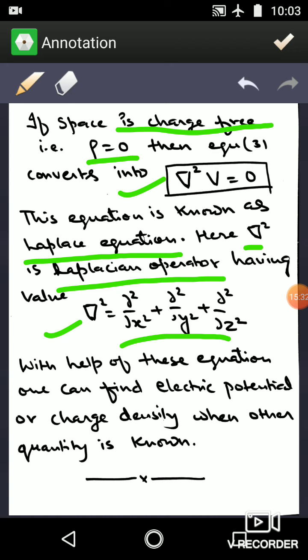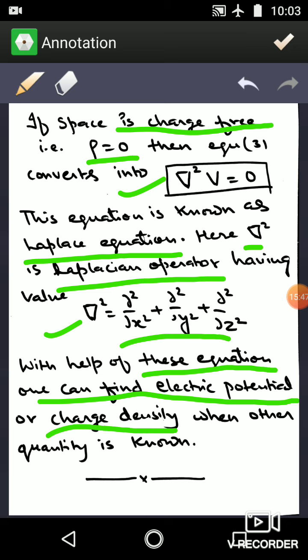With the help of these equations, Laplace equation and Poisson equation, we can find electric potential. We can find V, as well as charge density, when the other quantity is known. That is, if charge density is known, then we can find electric potential. If potential is known, we can find charge density.